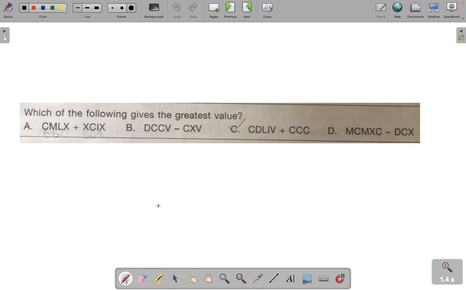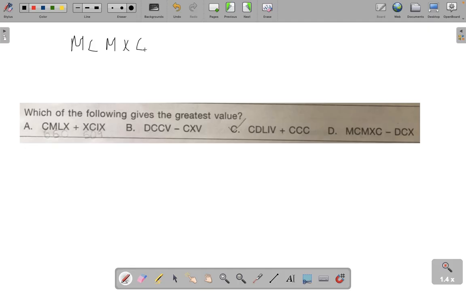Do you have any doubts on this? No, sir, I am solving it. Okay. Sir, the answer is D. Okay, so what is the value of this that you got? MCM, right?